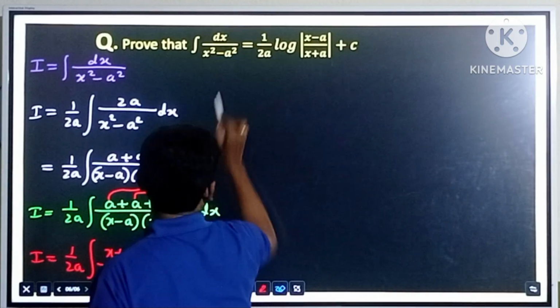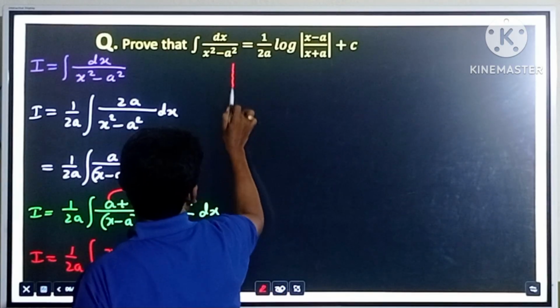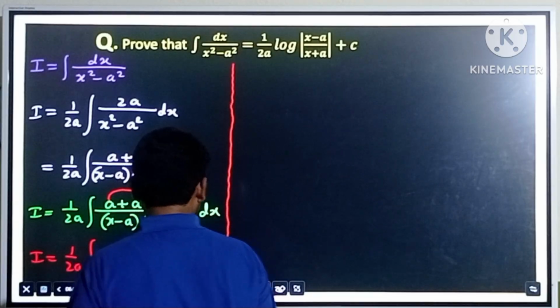Now see here, again same thing. In the next step, I am going to split the numerator.